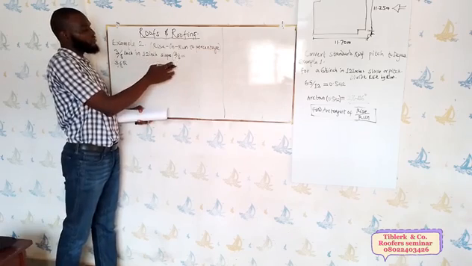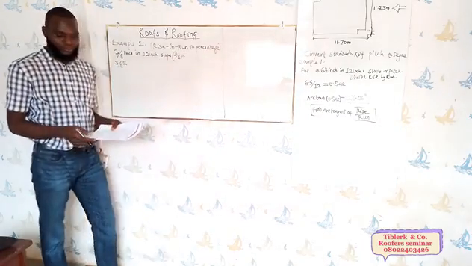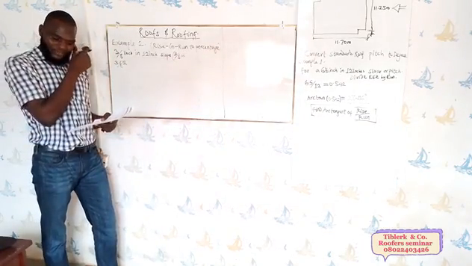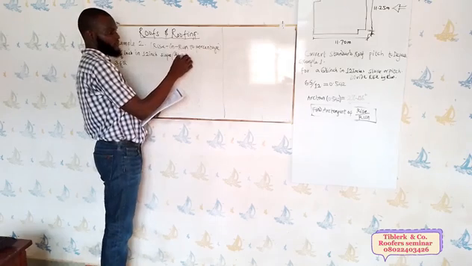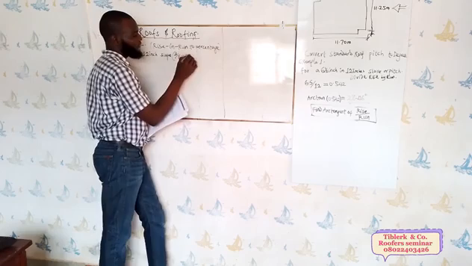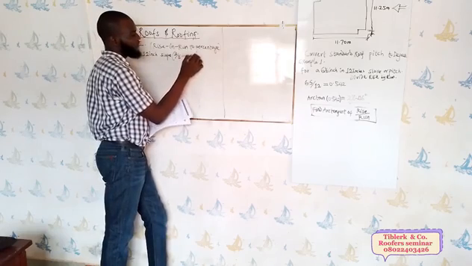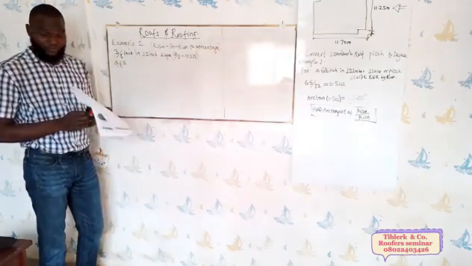For us to do this, we need to convert this fraction firstly into decimal. So that will be 3/8. 3 divided by 8 will give us 0.375.